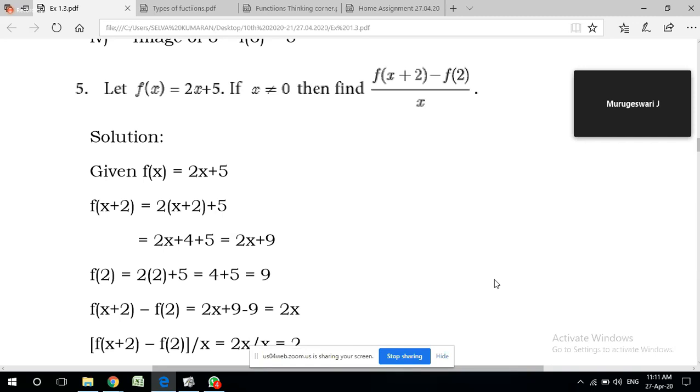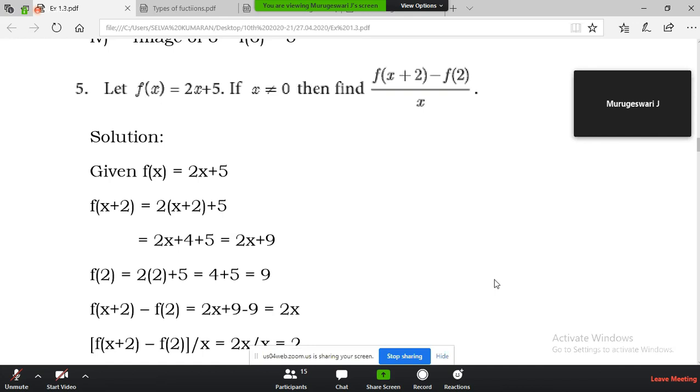So 2 into x plus 2 plus 5. So you can solve it, we get 2x plus 9. Then f of 2, you can find f of 2. So f of 2 equal to, in that given equation 2x plus 5, instead of x you can put 2. Okay, so 2 into 2 plus 5 equal to, you can solve that, we get 9.